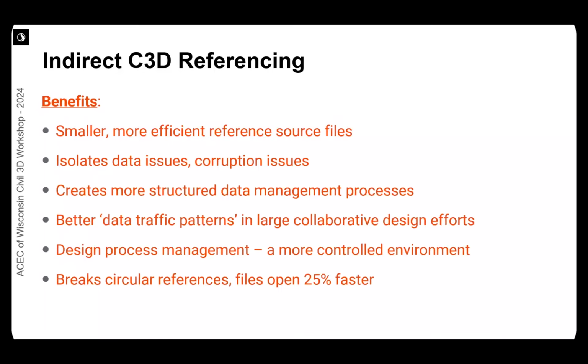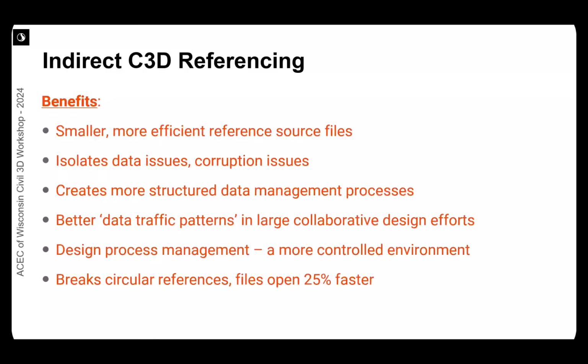And finally, the entire design process from a designer standpoint, it becomes a more controlled environment. It's easier to structure and manage. Just the idea that we pick and choose when the rest of the project team sees the results of our work. Instead of seeing our work in progress with every file save, we get that modification in the DWG file to a static point where we're ready to share it.